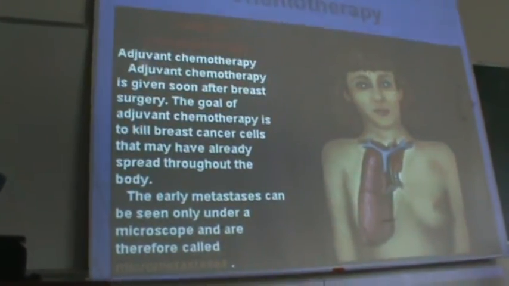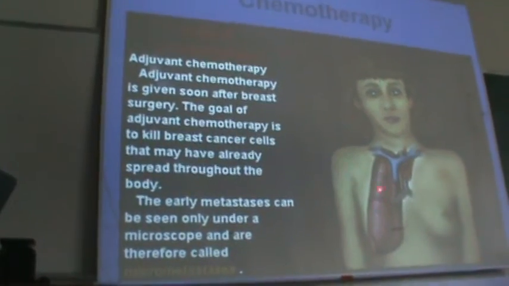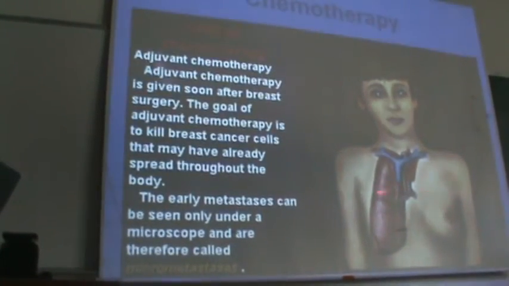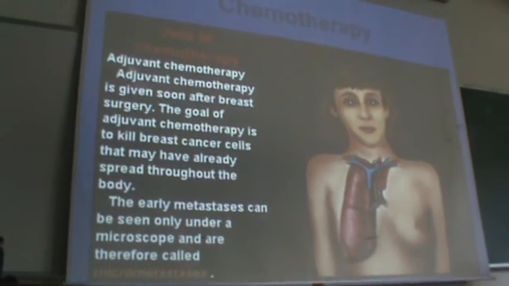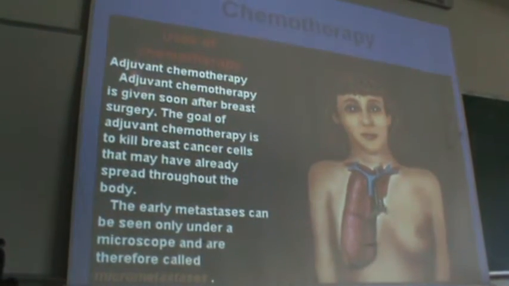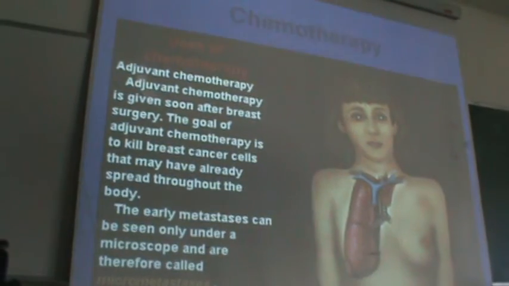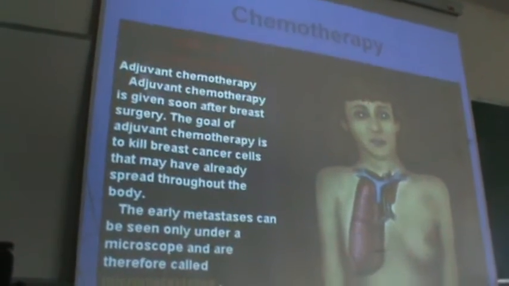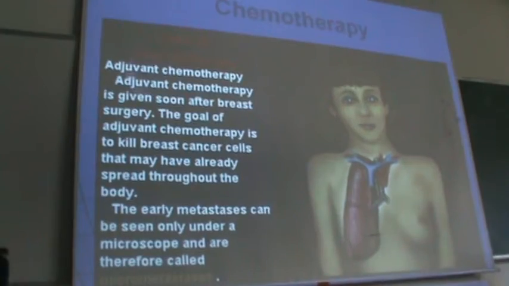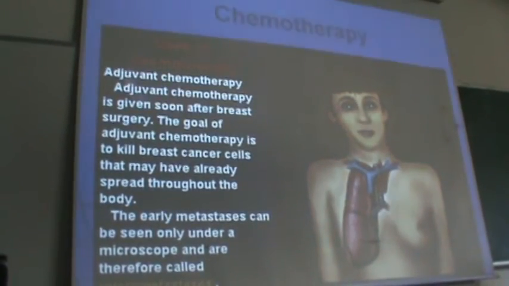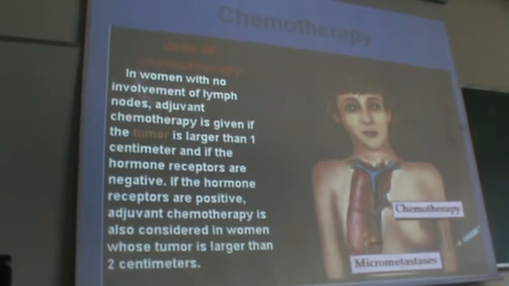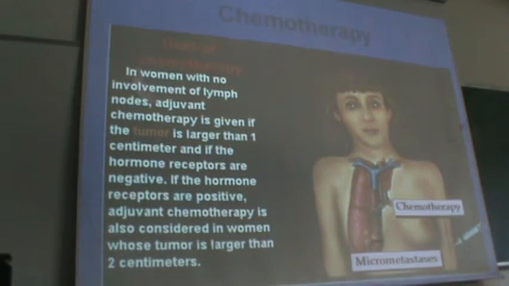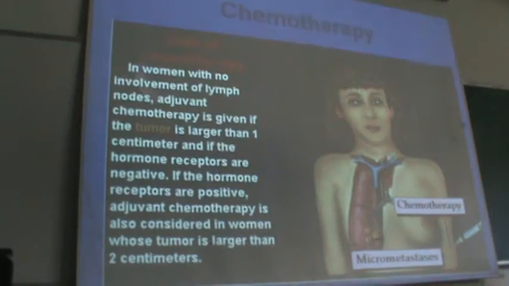Because we may have metastasis called micrometastasis in the lung or in the liver, so we give chemotherapy without monitoring whether there is a response or not. We assume that there are micrometastases, and we assume that chemotherapy will give a survival advantage to the patient. Chemotherapy can be used as upfront chemotherapy or neoadjuvant chemotherapy.